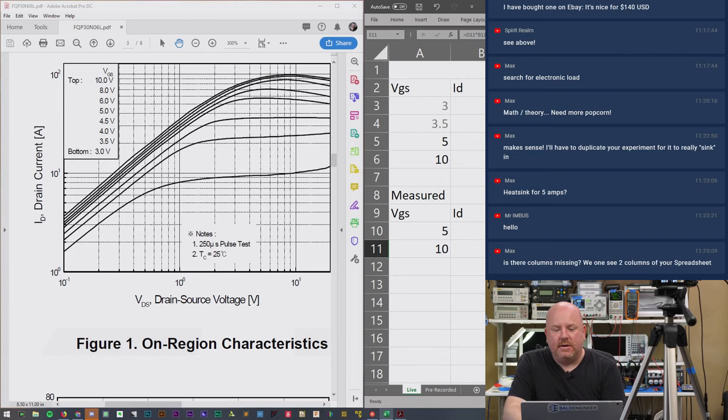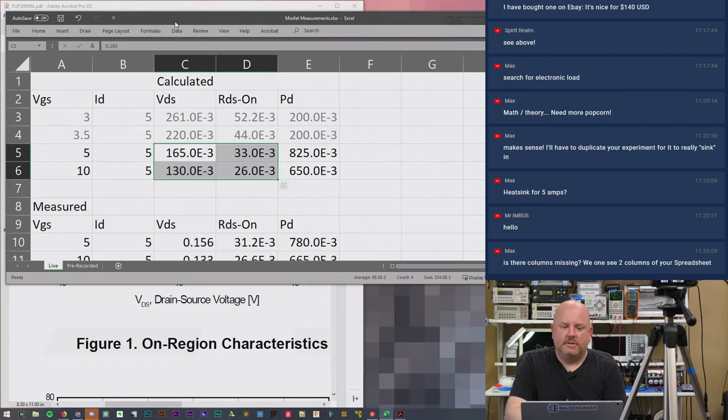Oh, I should point out, these were our VDS and RDS on, which matches what the datasheet more or less says. So even though this datasheet doesn't say RDS on anywhere on it, I just realized you can't see anything. Sorry, guys.